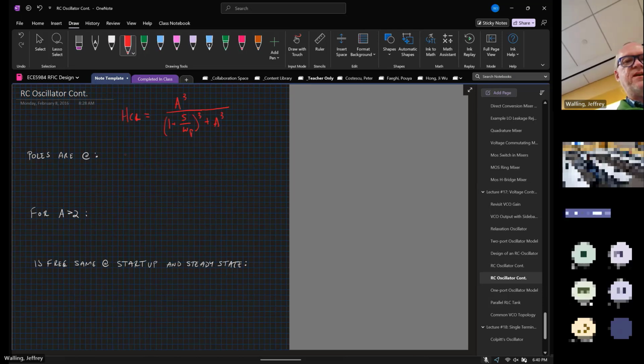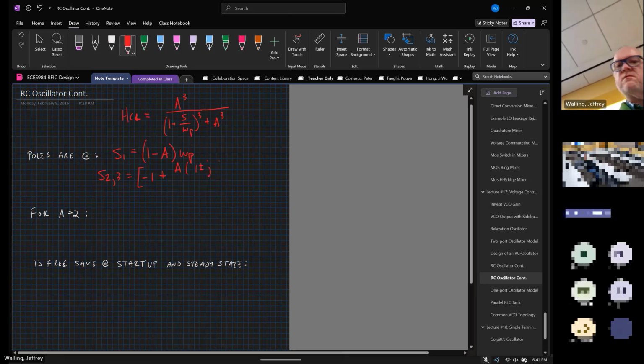So we're going to have a pole at s1 equal to (1 minus A) times omega_p. And I've got complex poles s2 and s3 at (-1 plus A) times (1 plus or minus j times square root of 3) over 2 times omega_p.